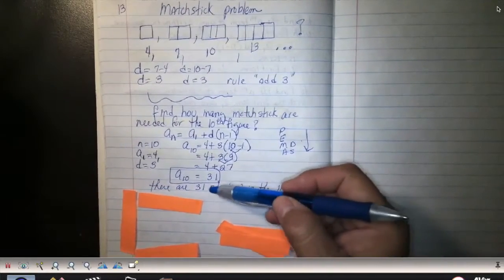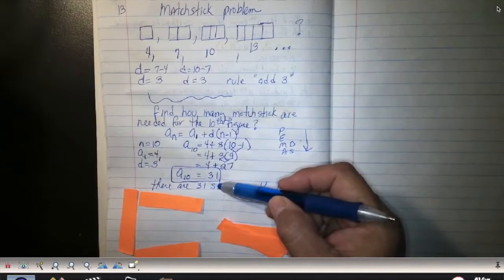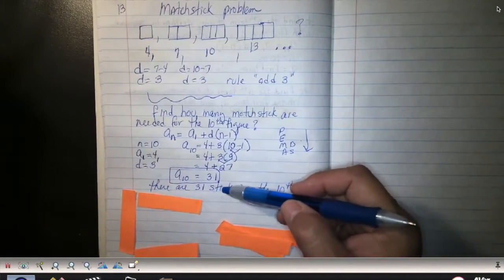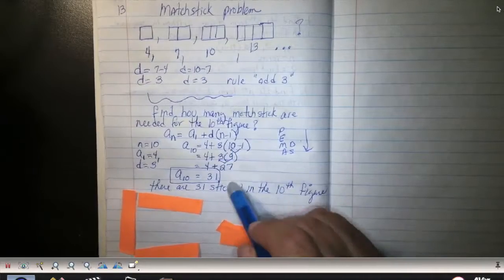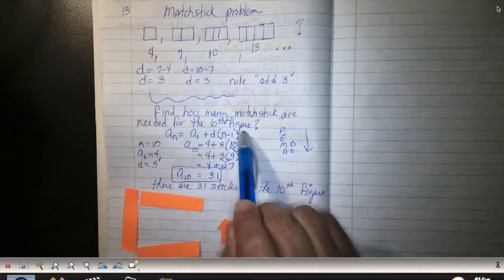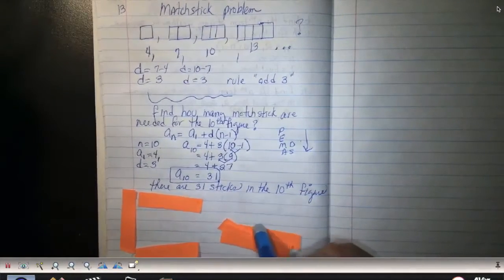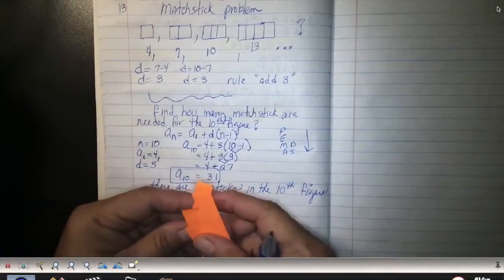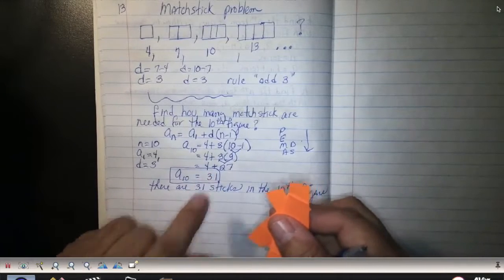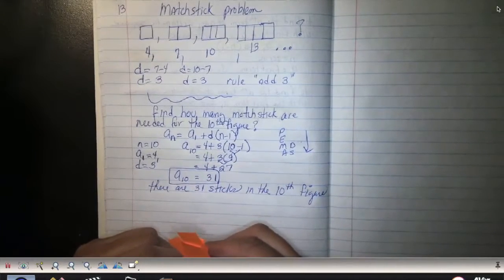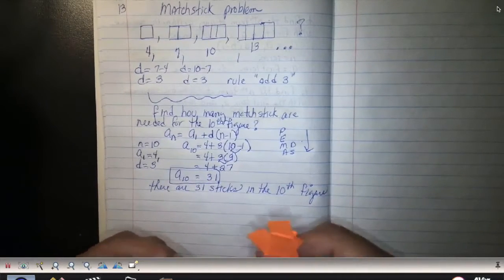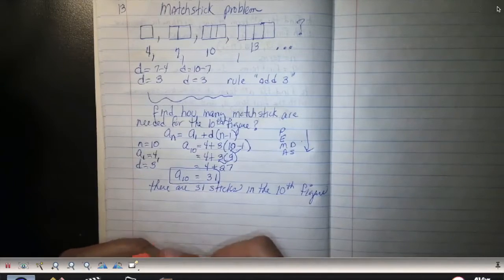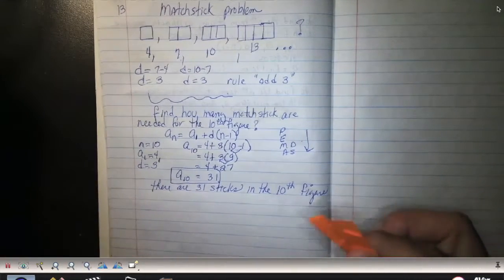I want to prove to them that it takes 31 sticks. And this way, it is reinforcing the concept of the formula, which is abstract, but we're reinforcing it with a concrete object. In other words, I can count the little sticks, and I want to make sure that it adds up to 31. Plus, it gives them something to do. And then you can have them create a poster and display it on your wall.